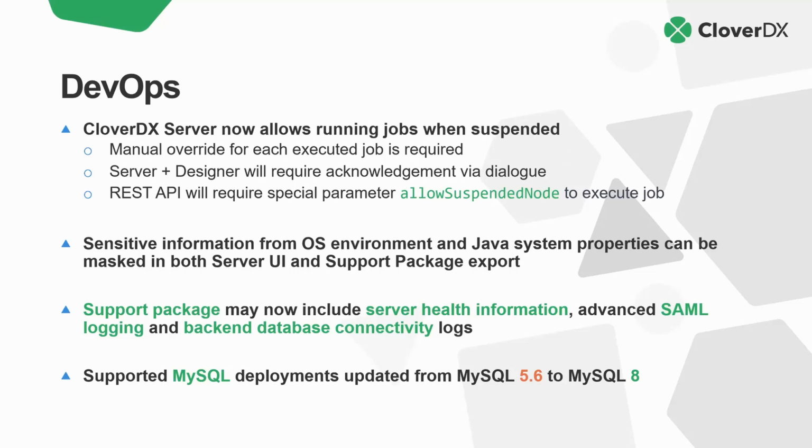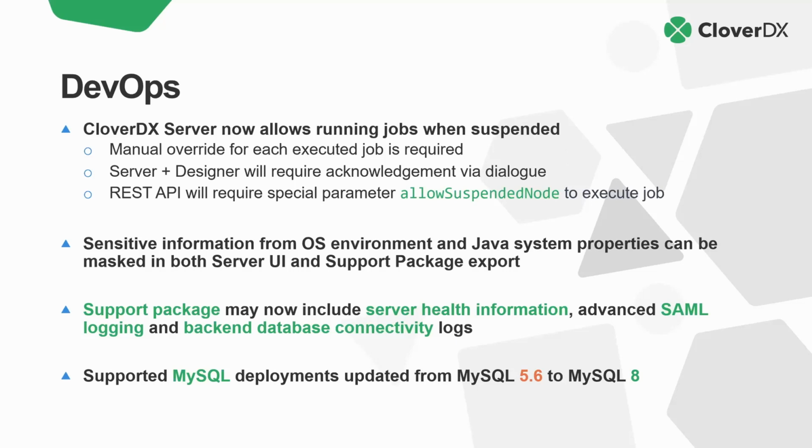For REST API, obviously there's no dialog option. So we introduced a new parameter which you can provide to our new REST API, allow suspended node, which will basically do the same thing as if you would run it through the dialog.